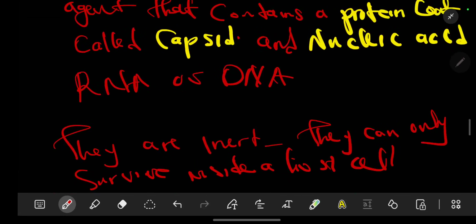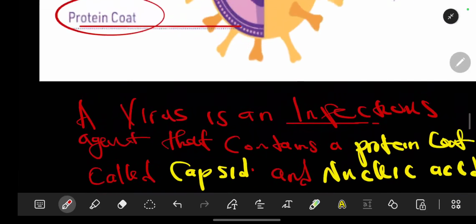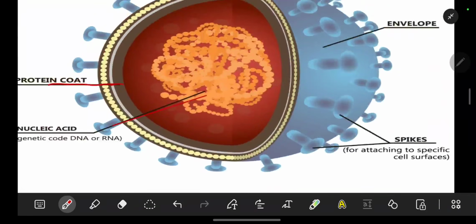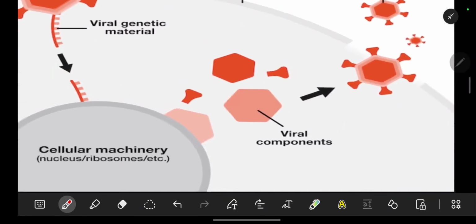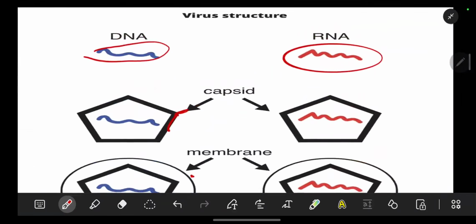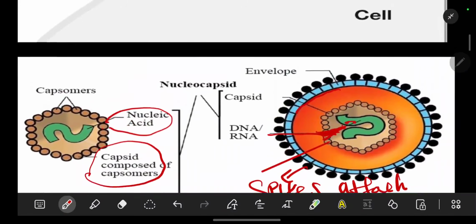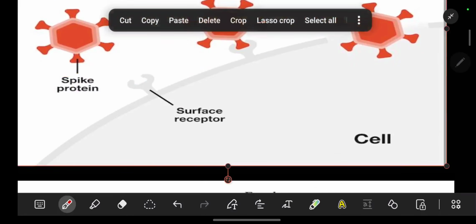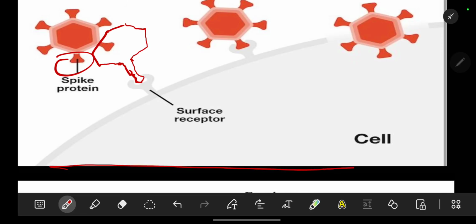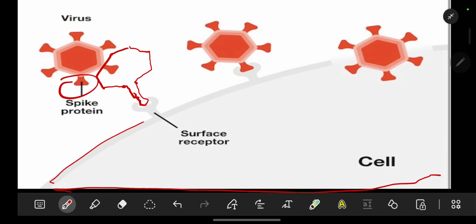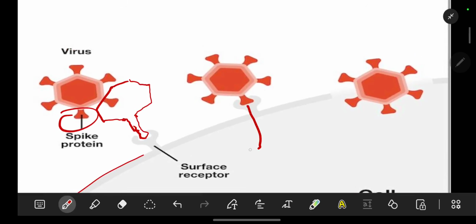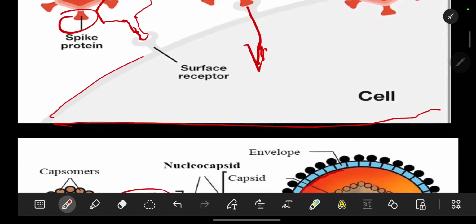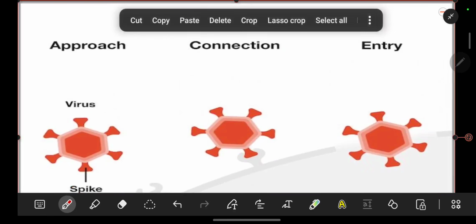If we look at our diagrams, we have the host cell here. The viruses will only be able to survive inside a host cell to begin their replication.